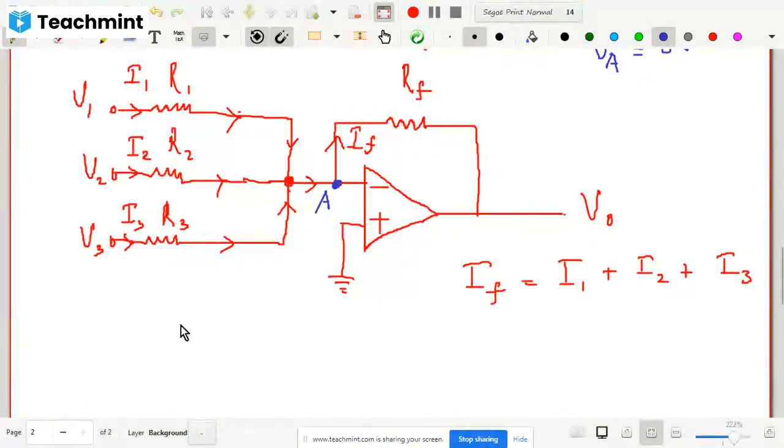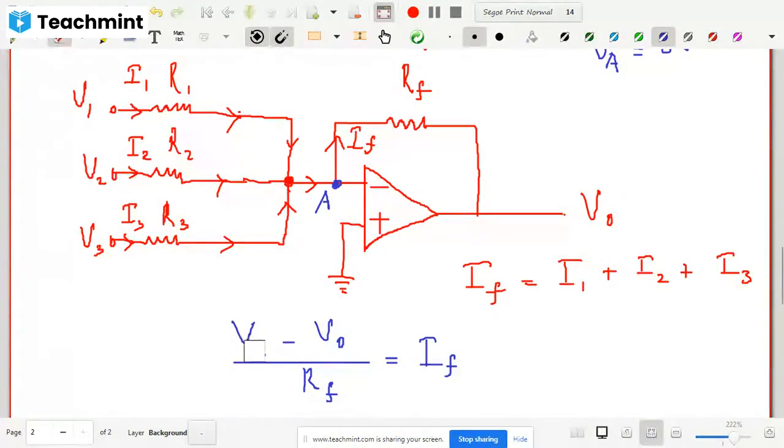So now we know that IF equals VA minus V naught divided by RF, because VA minus V naught is nothing but the drop across this resistance. Now you substitute VA, which is 0.